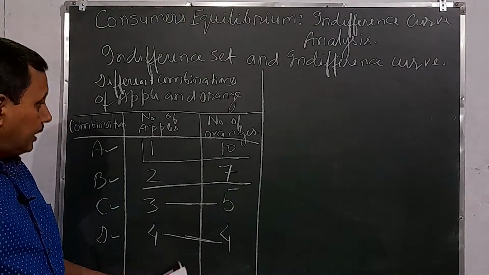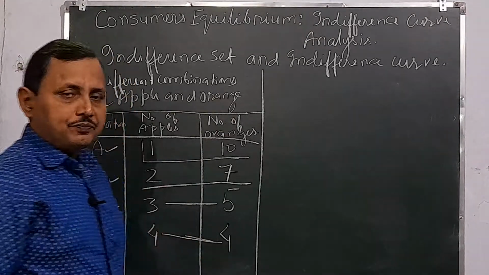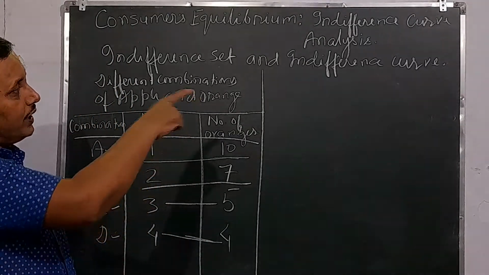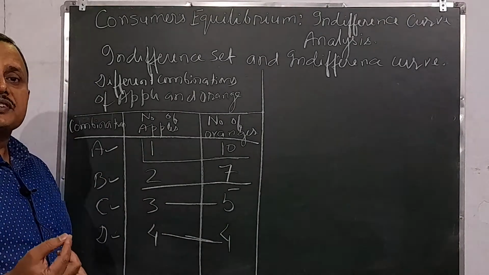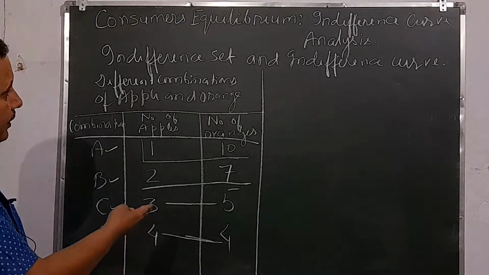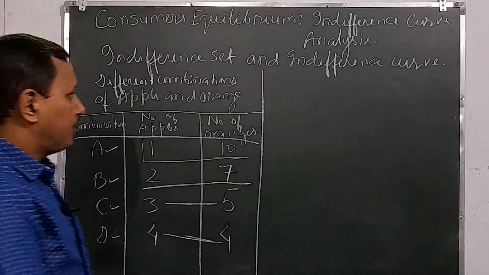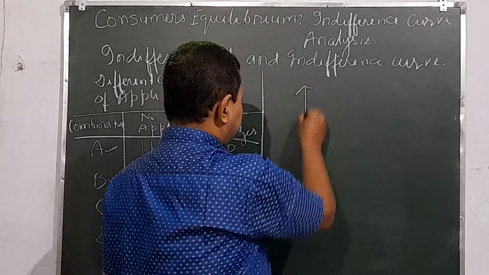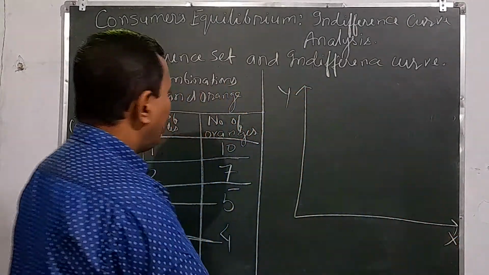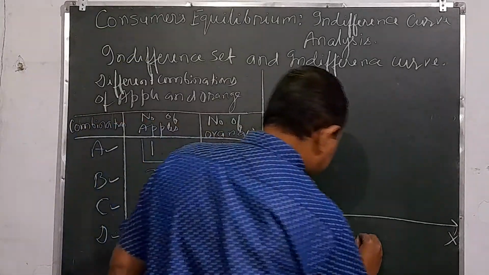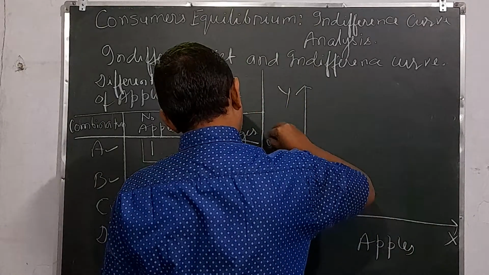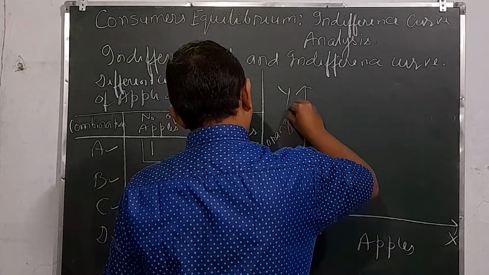Now we will see the indifference curve. When the indifference set is graphically represented, that is known as the indifference curve. So the indifference curve is the graphical representation of the indifference set. Now we will show it graphically. For that we take coordinates, x-axis and y-axis. On the x-axis we represent apples, and on the y-axis we represent oranges.